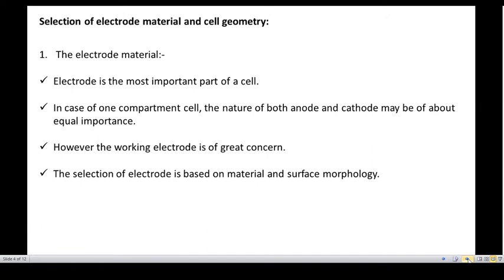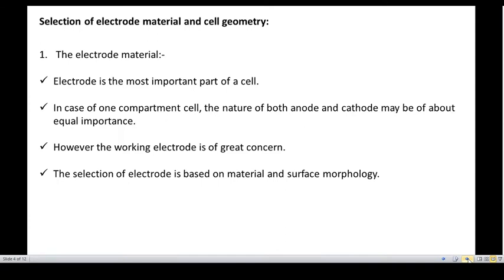While selecting the electrode material, the electrode is a very important part of the cell, because the reaction occurs only on the surface of the electrode. On the cathode a reduction reaction occurs, and on the anode an oxidation reaction occurs. In a one compartment cell, it is very important to consider the nature of both anode and cathode; they are of equal importance.